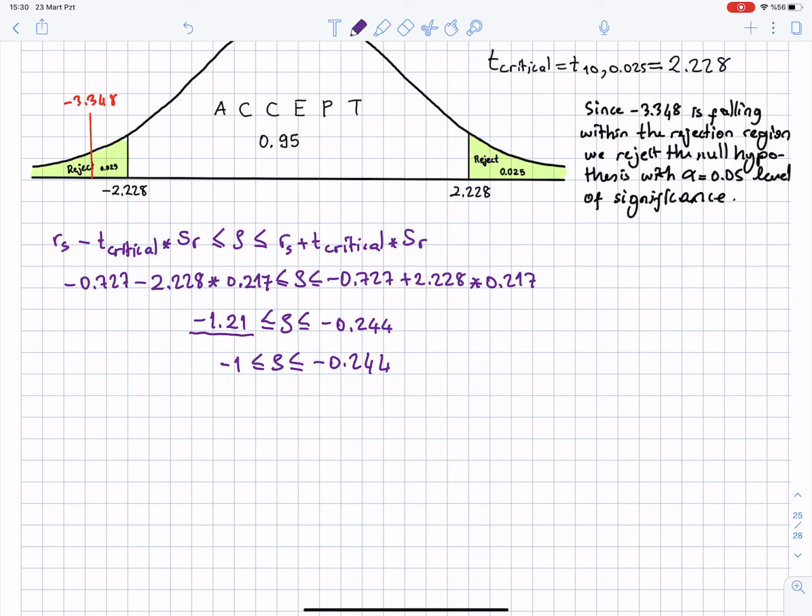This is the confidence interval for the Spearman ranking correlation, or the actual correlation coefficient.